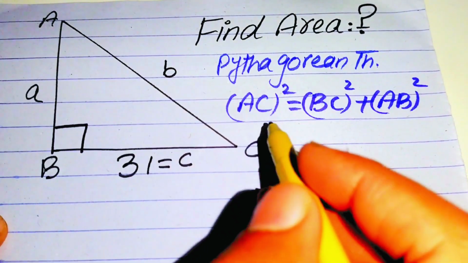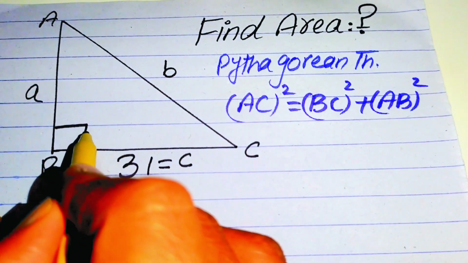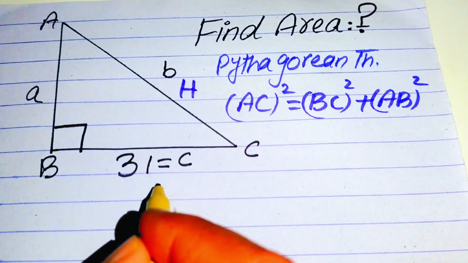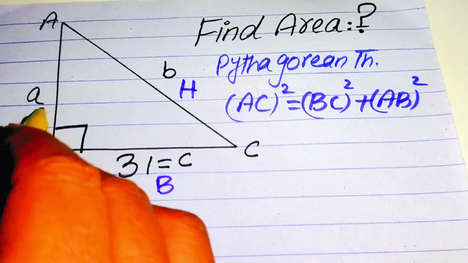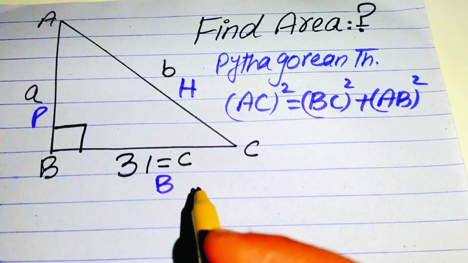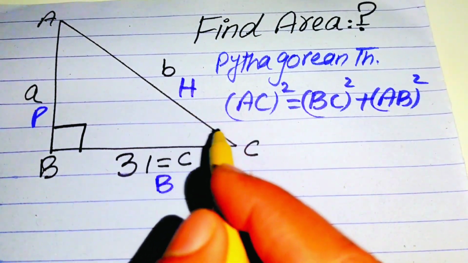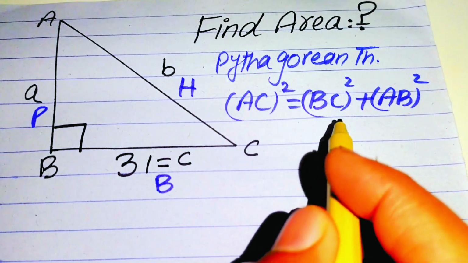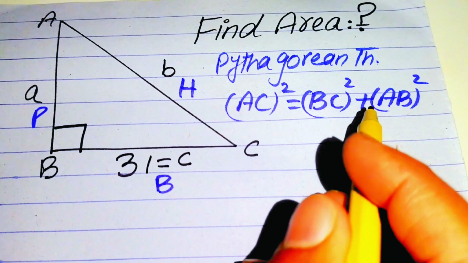Here you know that this is the right angle, so the side opposite to the right angle is known as the hypotenuse, this side is called the base, and this is our perpendicular. So by this law, the Pythagorean theorem is hypotenuse square equals base square plus perpendicular square.